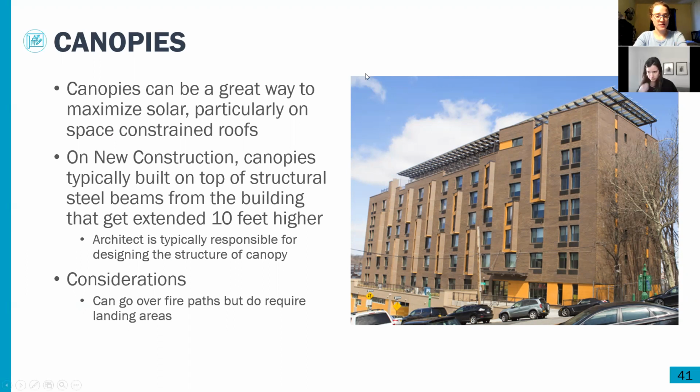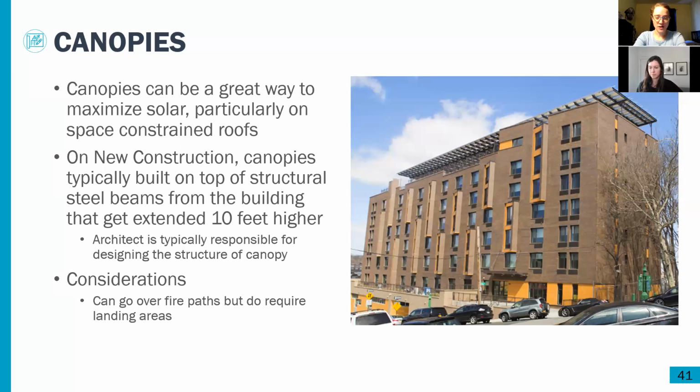And the architect is responsible for designing that structure, but it can be much more cost effective than adding steel to the roof after the fact, and better for the roof. So if a canopy is planned, then we often recommend doing it that way.